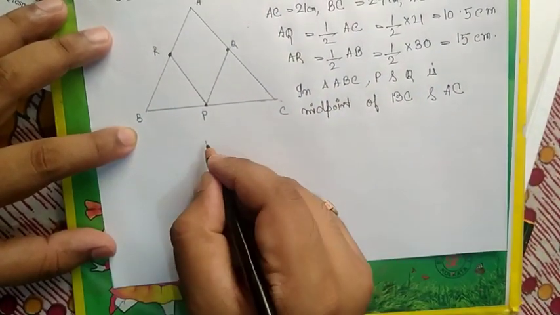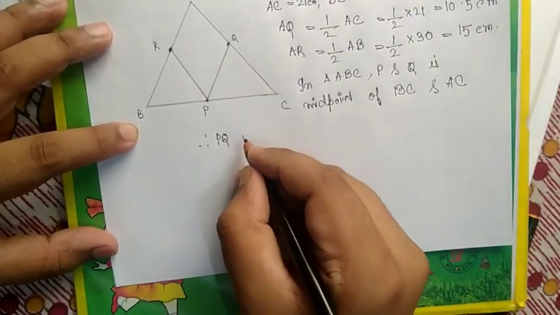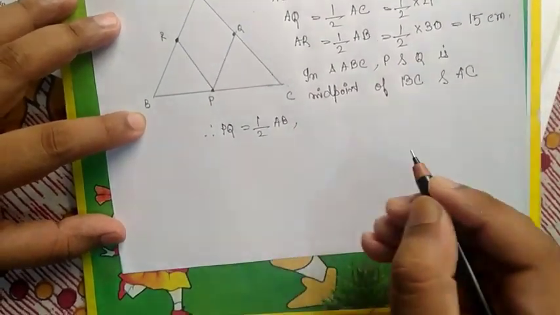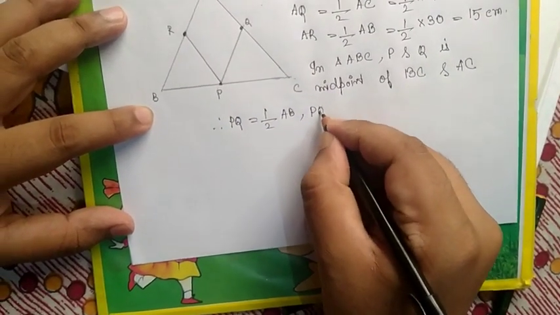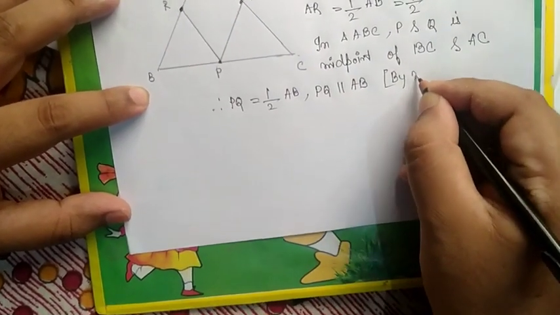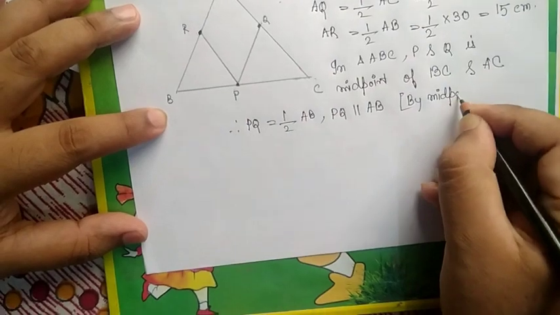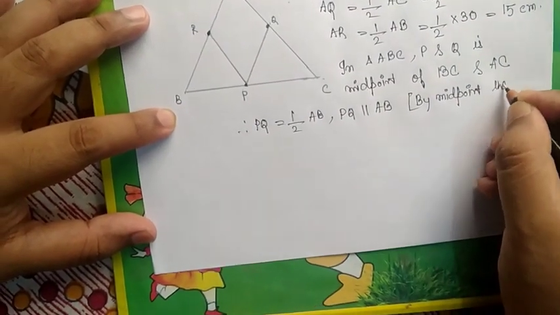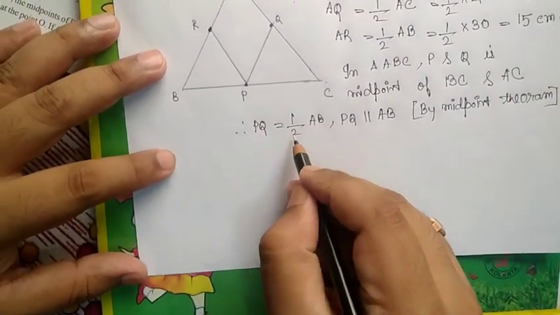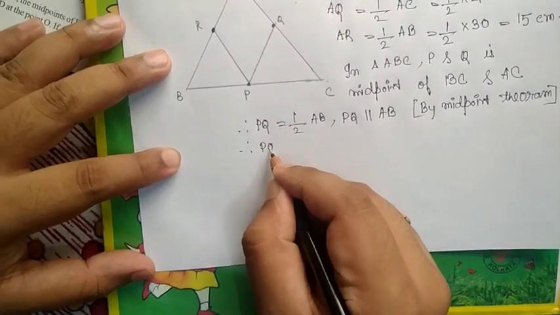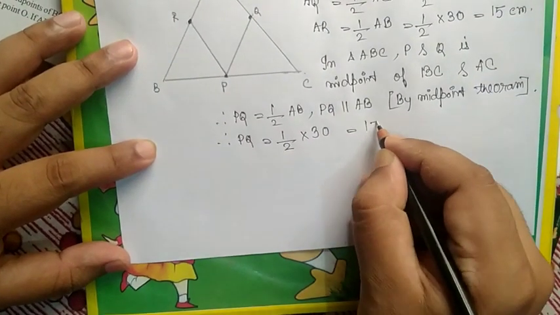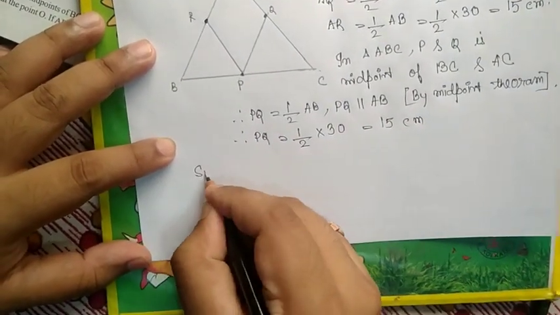So therefore PQ equal to half of AB and PQ parallel to AB by midpoint theorem. We know that theorem number 20. So if PQ equal to half AB, AB means 30 centimeter, half into 30 equal to 15 centimeter.